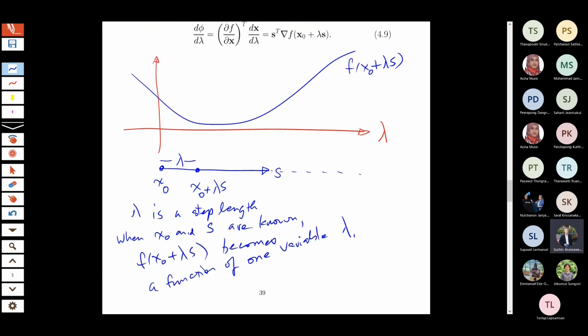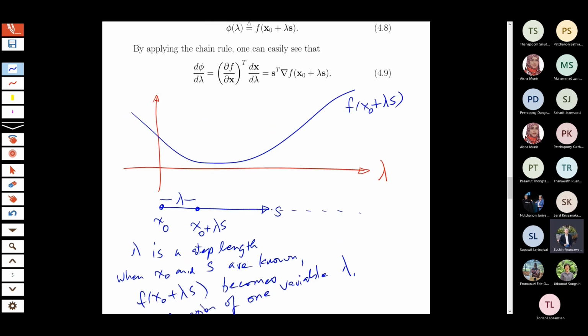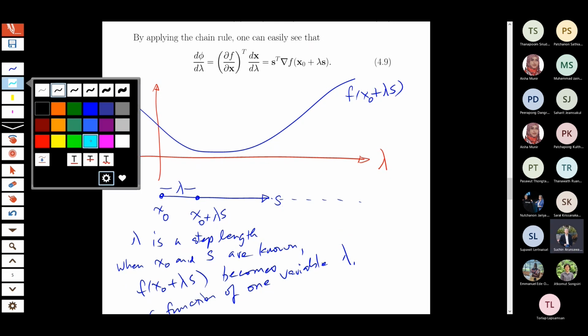When x naught and s are known, f of x naught plus lambda s becomes a function of one scalar variable lambda here. And when you see this, what is the slope at this point?